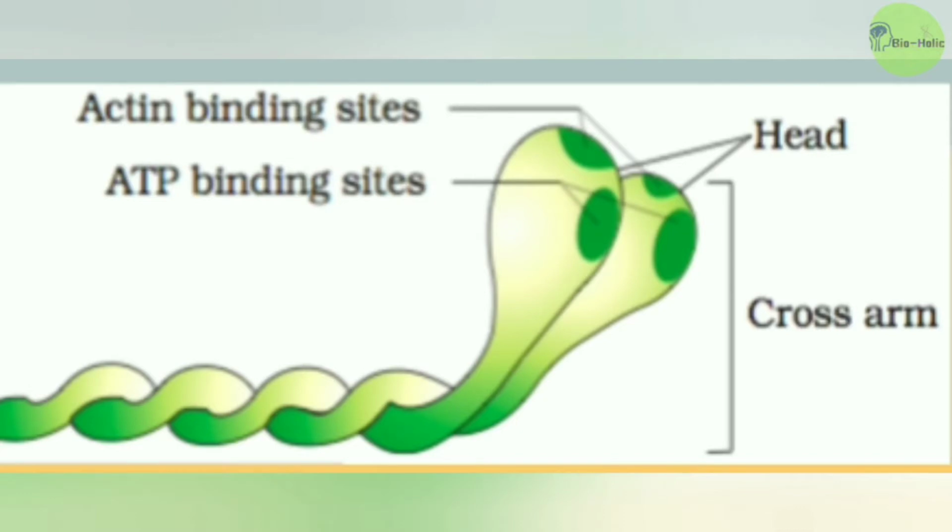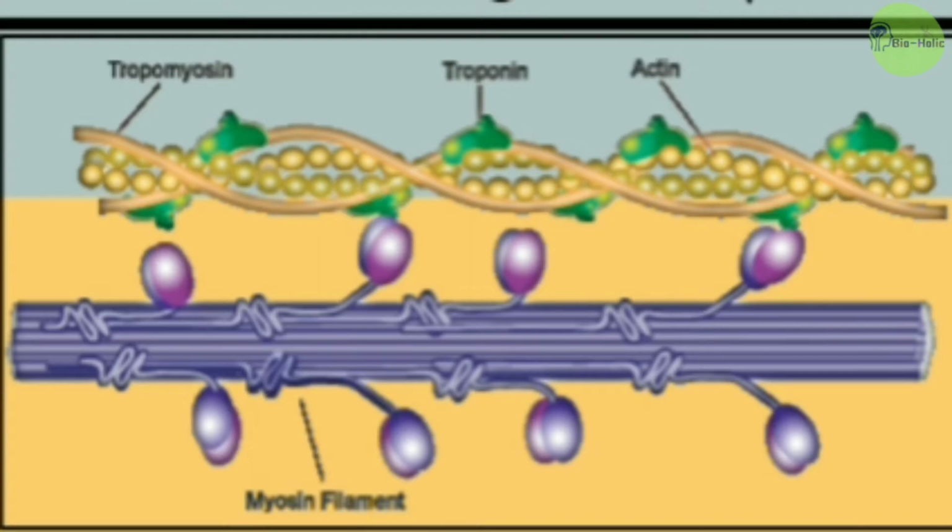So this is the actin binding sites and this is the ATP binding sites that is present in the head of the myosin. And here you can see the arrangements of the actin-myosin complex. Thus, the myosin head gets attached to the actin filament. Okay?